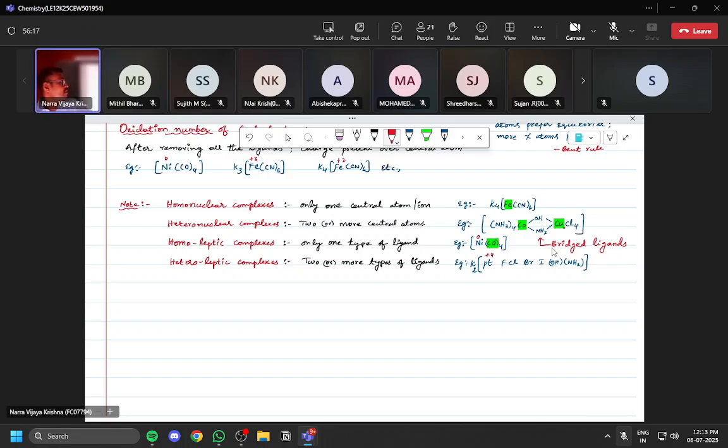Iron is the central atom, the nucleus at the center. That's why it is homonuclear. Now here, what is the oxidation state of iron? Iron is +2, okay. Cobalt and copper oxidation states I want.